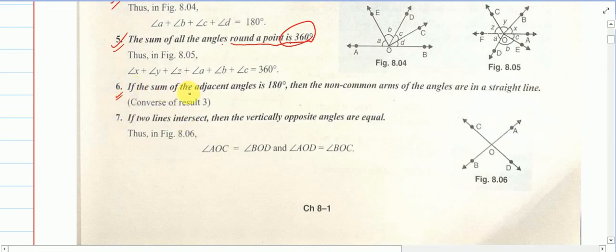Next, if the sum of the adjacent angles is 180, then the non-common arms of the angles form a straight line.